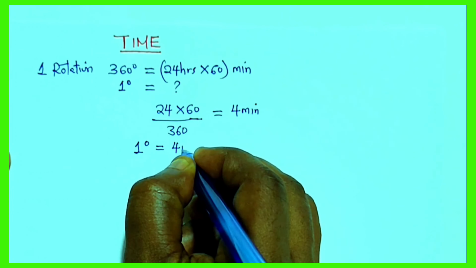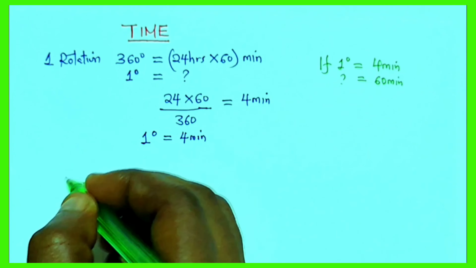And then the Earth is divided into 24 time zones, and this is to allow places whose longitudes are very close to have the same time. So therefore, we will be in a position to say that if 1 degree will be equal to 4 minutes, what about 60 minutes will be equal to how many degrees?